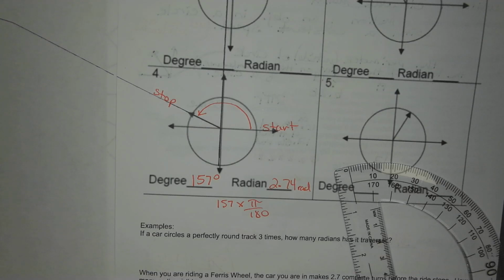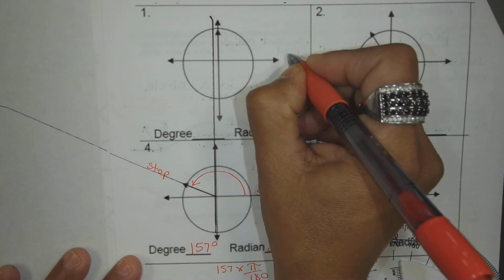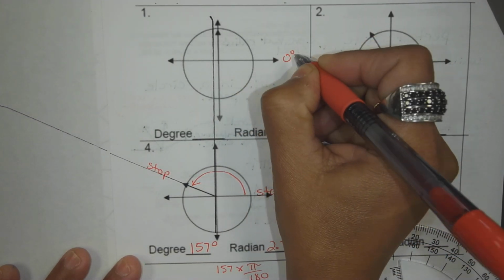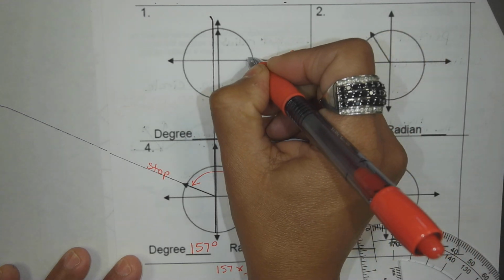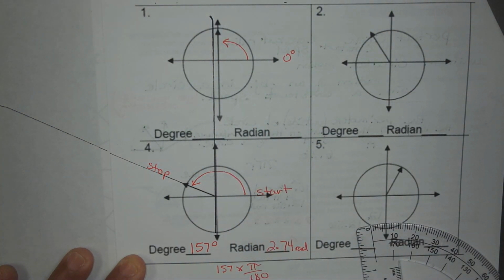Let's practice one more or so, and then we're going to do a little bit down here, and we're done for the day. Why don't we do the easiest one, number 1? Again, don't forget on number 1, you always start here at 0 degrees. You always rotate counterclockwise, which is the positive direction.